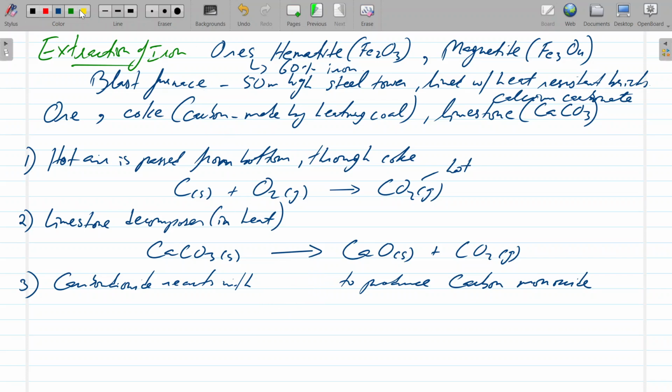With carbon, from the coke, because carbon dioxide reacting with more oxygen will not give you carbon monoxide at all. And this is happening higher up in the blast furnace, because remember, carbon dioxide is a gas and it's hot, so it will rise.